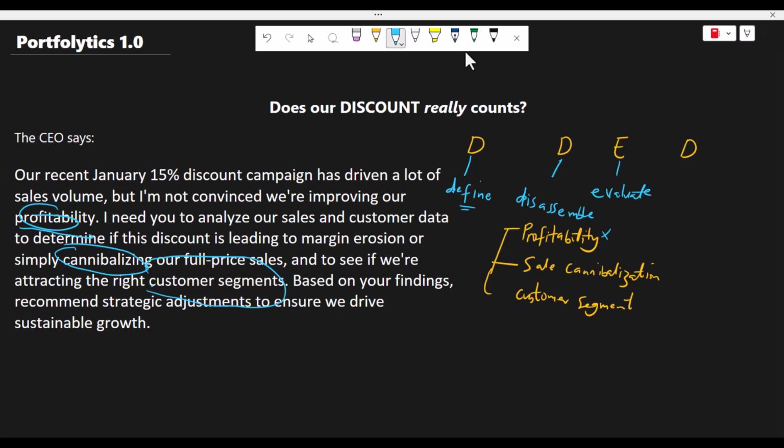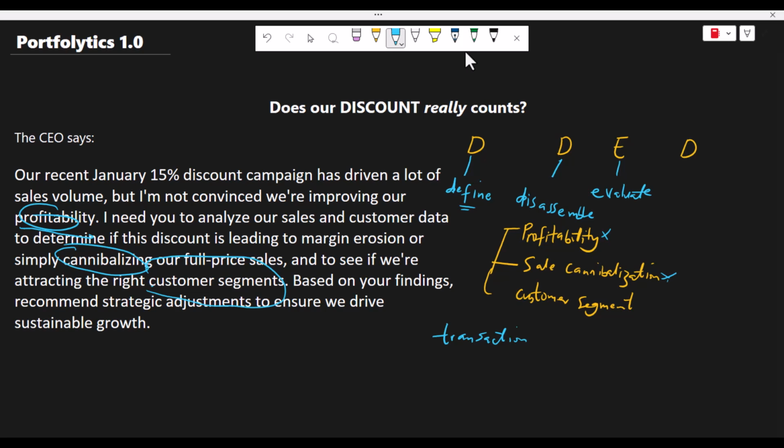For instance, for this particular project, we need to know whether the 15% discount is affecting the profitability. Definitely, we'll be needing the transaction data sets. We want to know the profitability and the sales cannibalization. We need transaction data sets for us to solve these two problems.